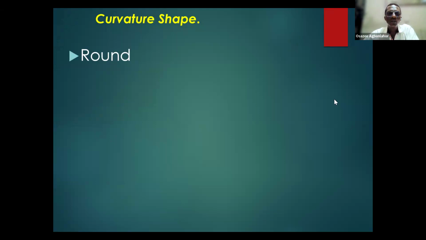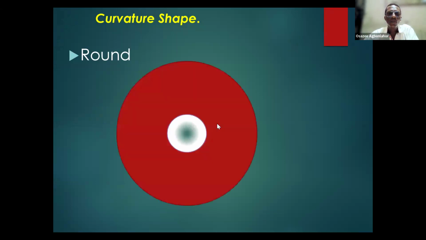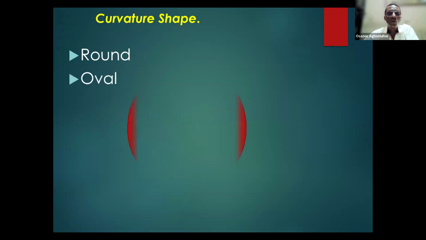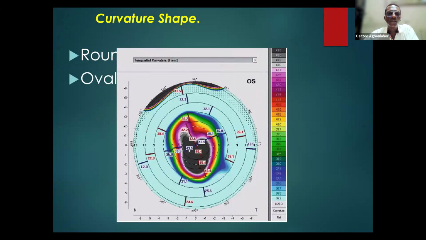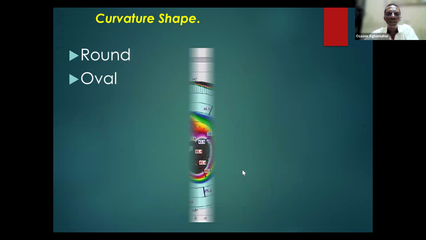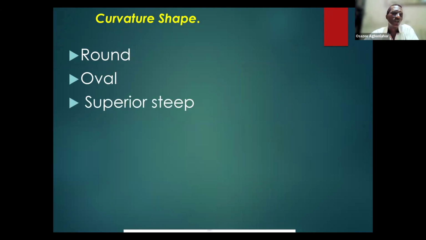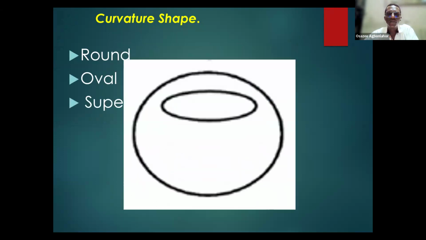So I was saying that the shape of the cornea can be round, or it can be oval as seen in this photo here. This is an oval-shaped topograph. It could also be superior steep, where you have astigmatism, so it's not evenly curved. You have an area more curved, either the superior or the inferior.